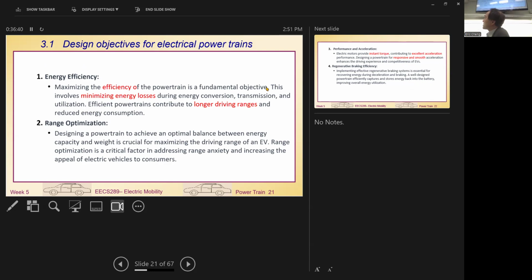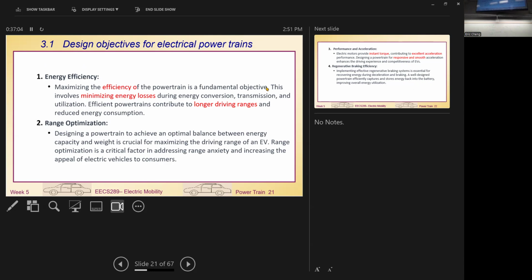So energy efficiency, of course, is one of the most important parts for all the powertrain conversion. That includes how we examine different parts of the power conversion, because there are so many power conversion systems, including the motor, charger, DC conversion, and many of them have different kinds of power loss requirements.